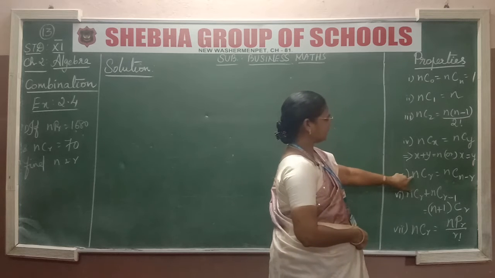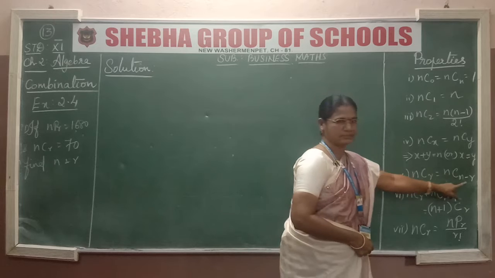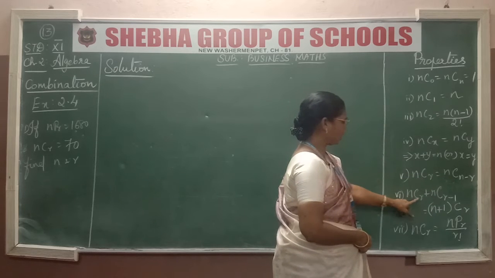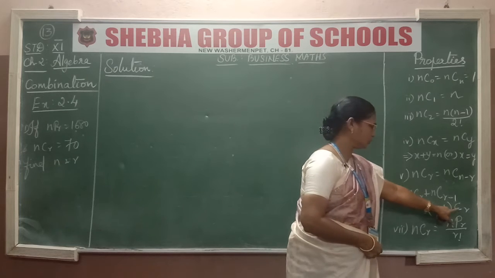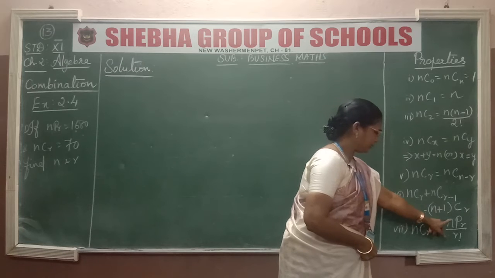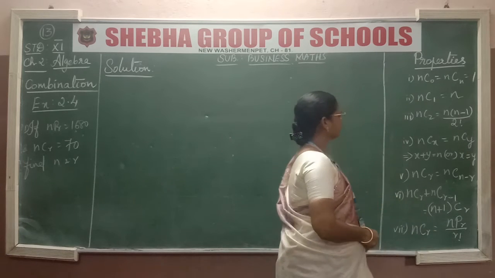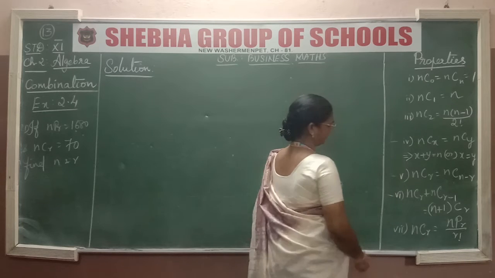The fifth one is nCr equal to nC(n minus r); from n we can subtract r. Next, nCr plus nC(r minus 1) equal to (n plus 1)C r, and nCr equal to nPr by r factorial. We are using these formulas in the problems.